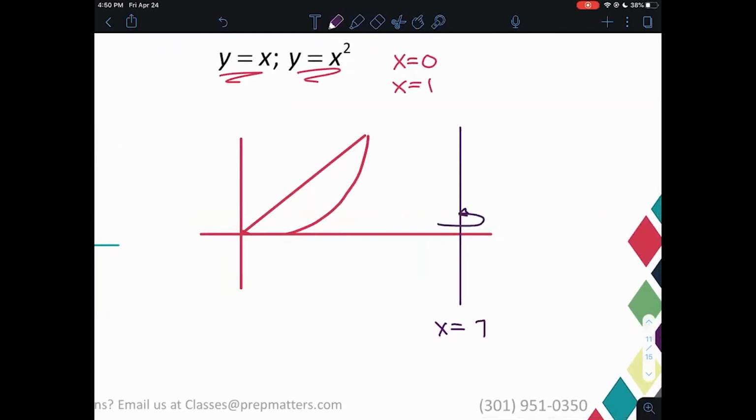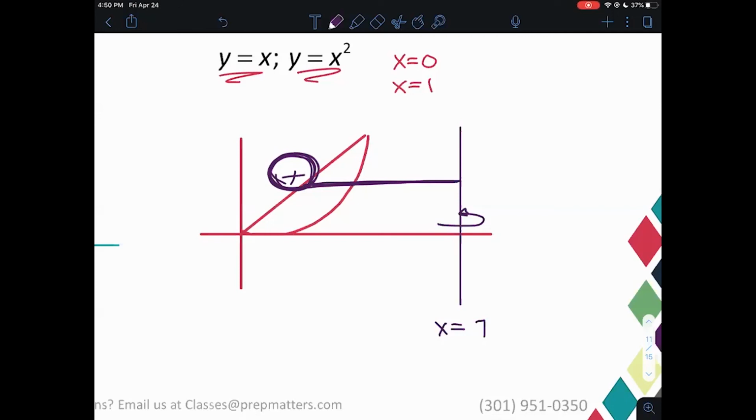My outer radius here looks like this. My radius from that axis of revolution all the way to the furthest outside point of my solid. When I relate that to function values, that would be 7 minus the value of this function, or the expression for this function in terms of x.